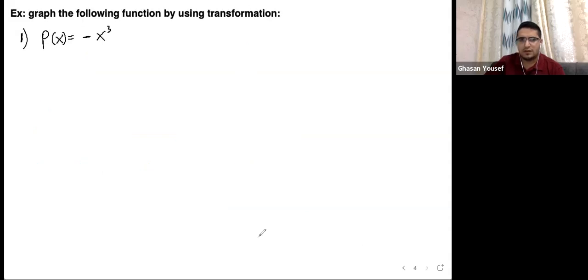Okay. So, graph the following function by using transformation. First of all, this function is a polynomial function, and we have to know what the original function is before we start graphing this one. What is my original function, o of x?